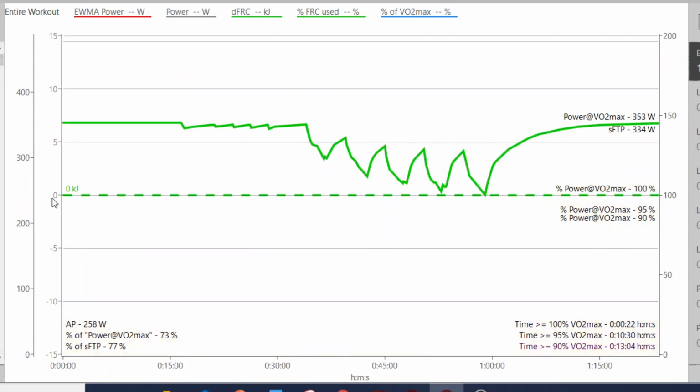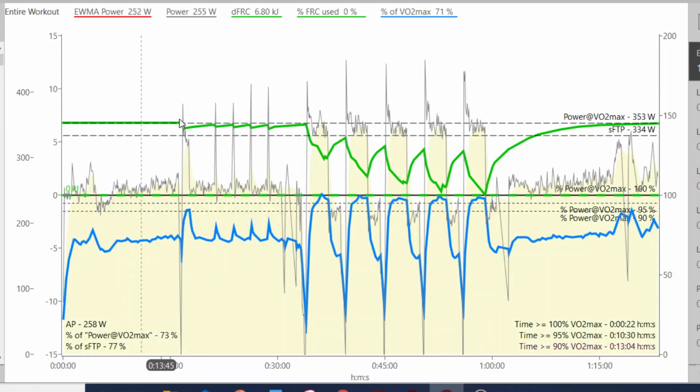It also represents 0 kilojoules left in that reserve work capacity. So you have this reserve work capacity working down towards 0, and you have percentage of power at VO2 max working upwards towards 100%, meeting in the middle in some cases.